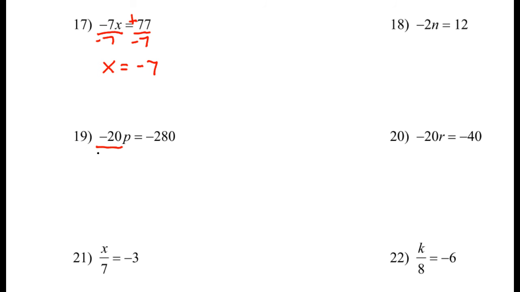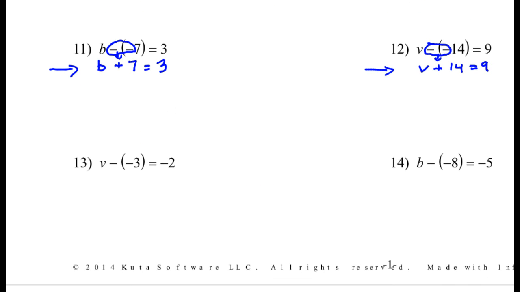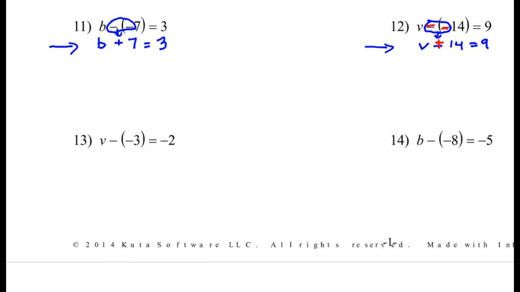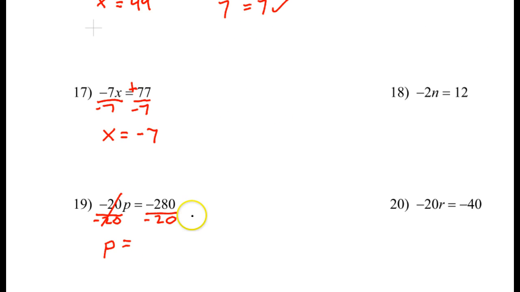Right below it, divide both sides by -20. Negative divided by a negative, just like on the front. Same idea. A negative and a negative is a positive, right? Same thing. Negative and a negative, positive.